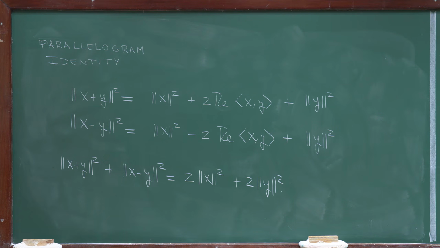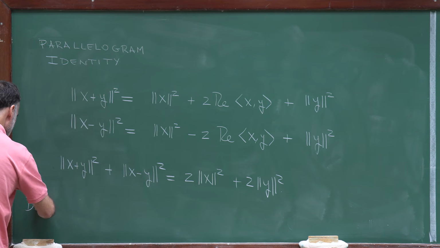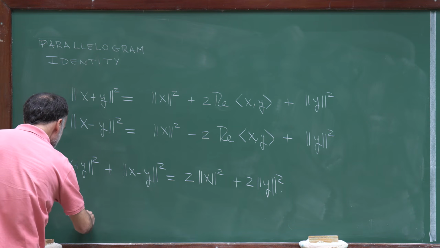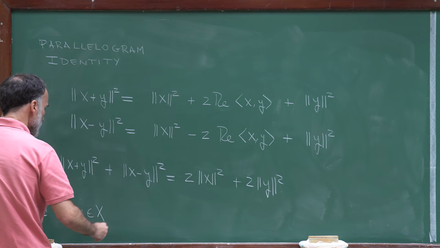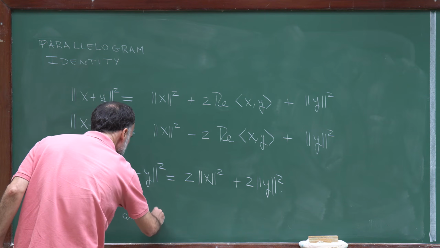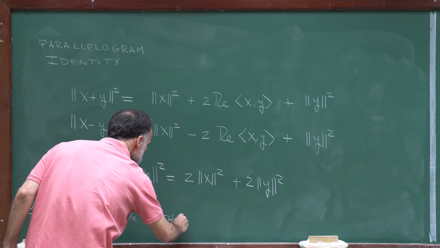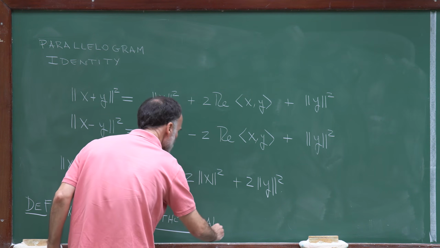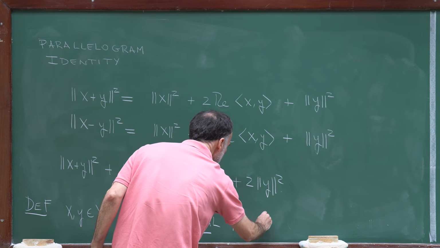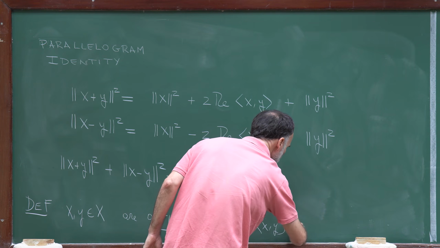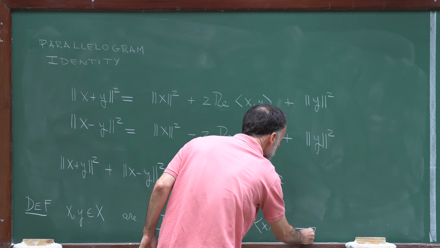Let me just define orthogonality. So if I take 2 points x and y in X, they are said to be orthogonal if the scalar product of x with y is 0.